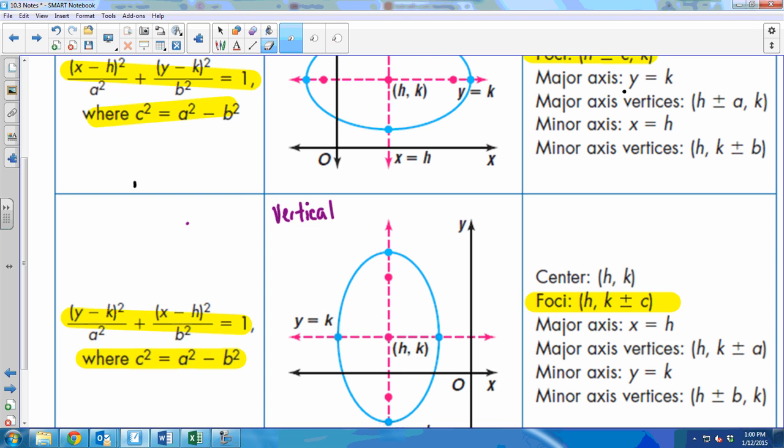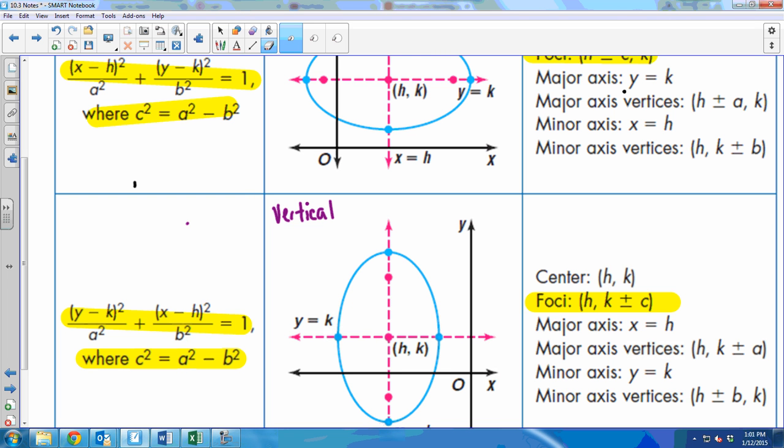They don't always have to be written in that order, but a squared, whatever that number happens to be, is always larger than b squared. So if the denominator underneath the y part is larger than the denominator underneath the x part, then you'll know that it's vertical. If the number underneath the x part is larger than the y part, we know it's horizontal.